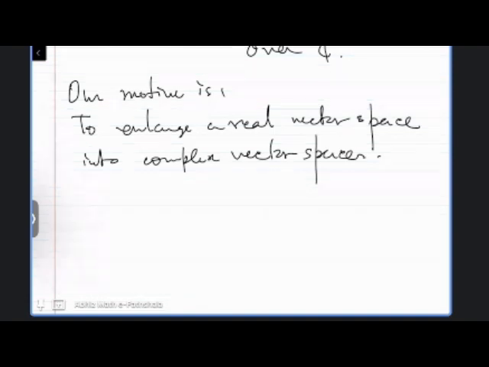Previously you have done it for real vectors, real scalars, but now you are going to execute your scalar multiplication by means of complex numbers. Okay. So that is the sort of thing that we are going to do here.